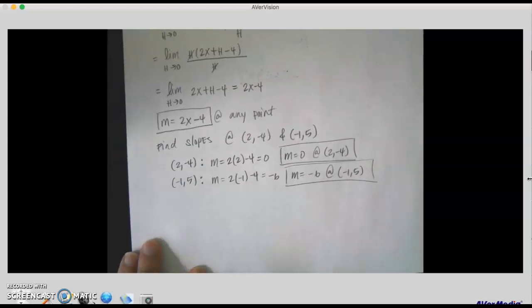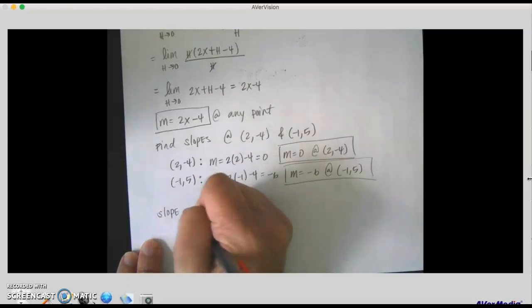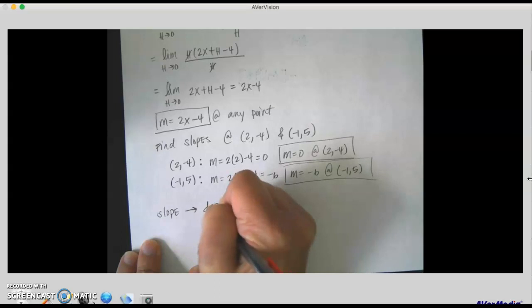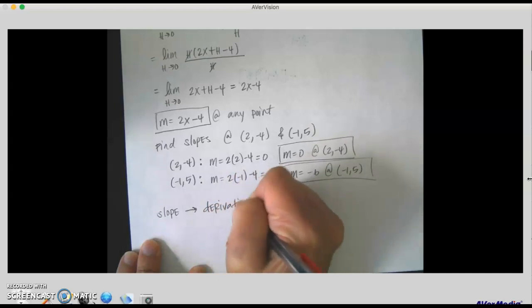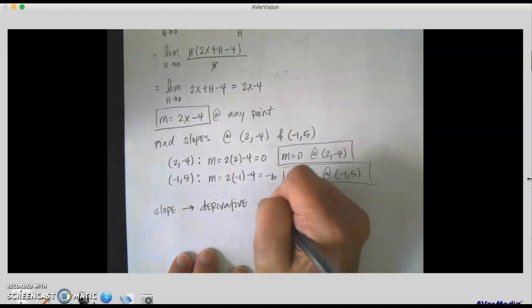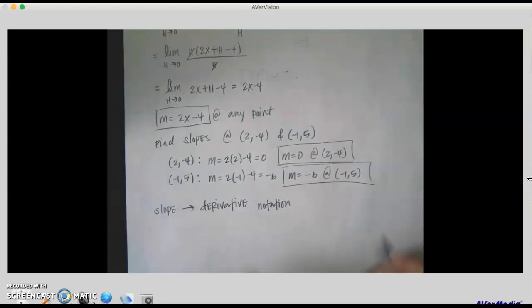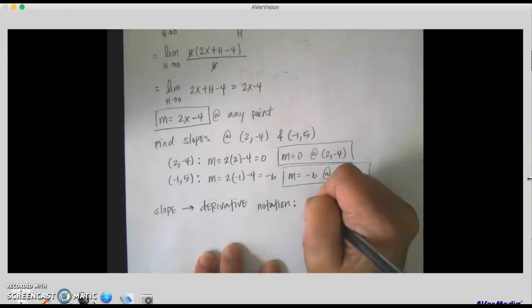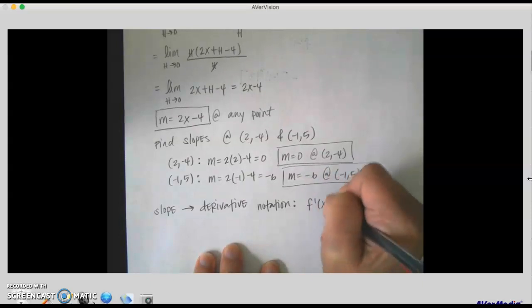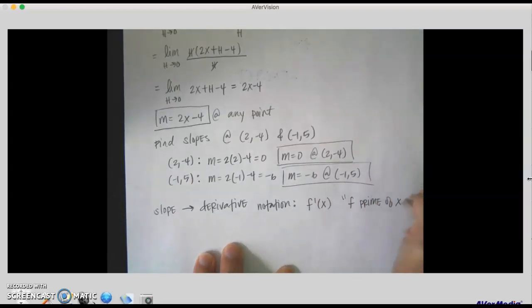So all of this, your slope, means derivative. Okay? A big, big term in calculus. Now the notation that we're going to be using, because now we're graduating from the m, we're not going to use m for slope anymore. The notation that we're going to be using is f prime of x. So I'm going to write that, f prime of x. So it looks like it's to the first power, but it's really like an apostrophe.